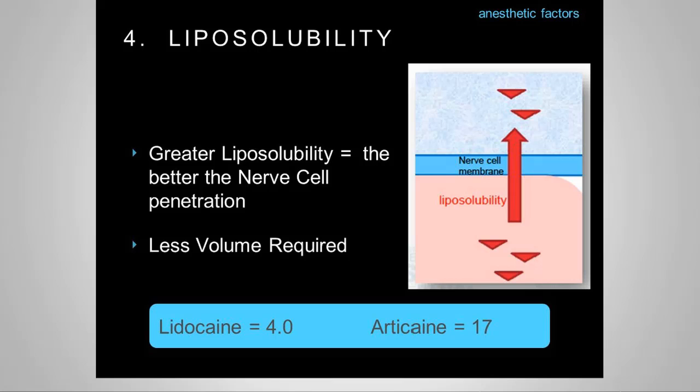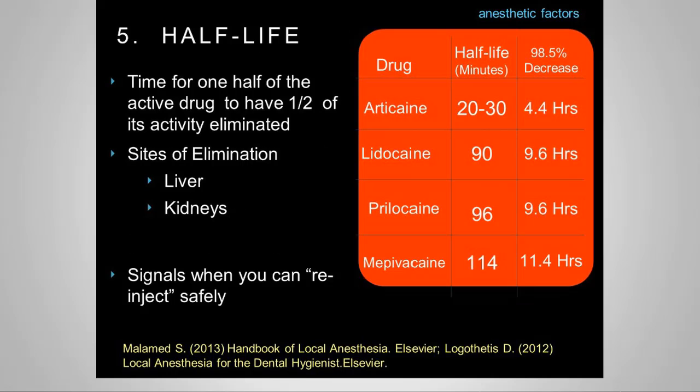So obviously the greater the liposolubility, the better the penetration into the nerve cell, the greater the potency, the less volume required, and that also equals faster effectiveness. In a comparison of this, articaine is actually 4 times more liposoluble than lidocaine. So again, it wins on that capacity as well. A very good choice.